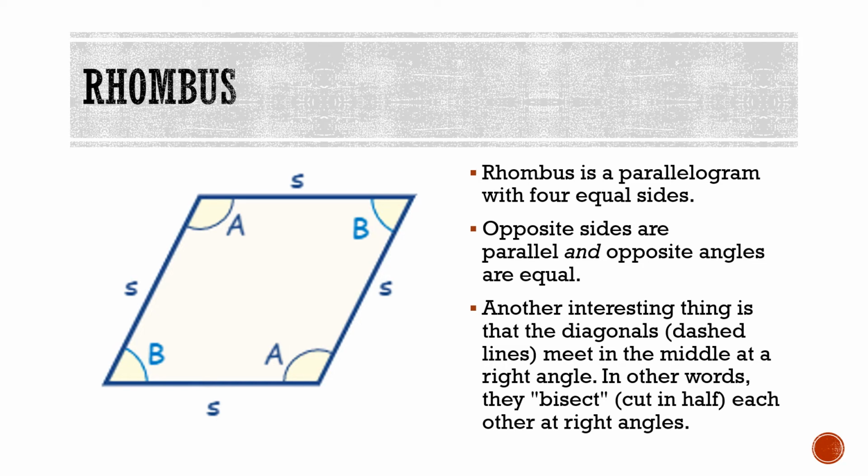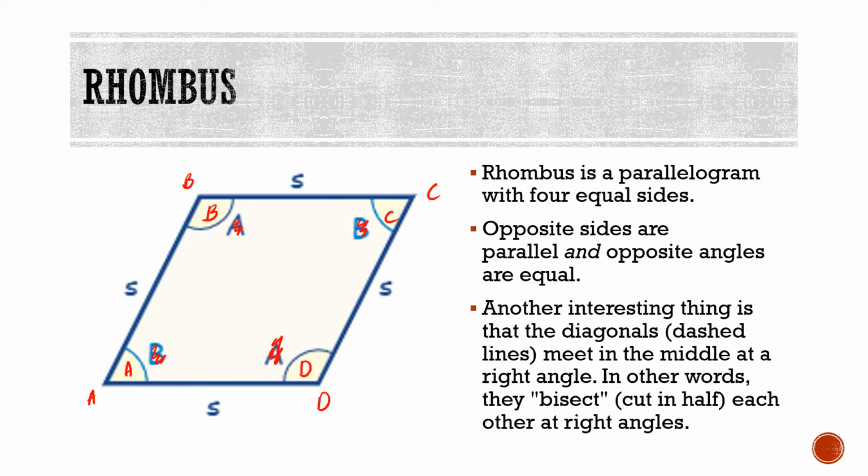In other words, they bisect, or cut in half, each other at right angles. So let's say that this is a rhombus A, B, C, D, wherein this is angle A, angle B, angle C, and angle D.